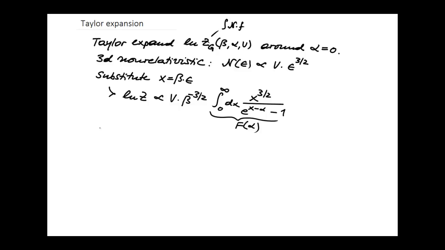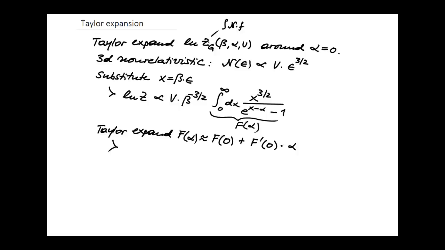So what we do here is that we Taylor expand f of alpha. We go up to first order, this is f at alpha equal to 0 plus f prime at 0 times alpha. And you can calculate the f of 0 and the f prime of 0, but this shouldn't concern us here because we want to understand only the nature of the dependencies on the thermodynamic variables.